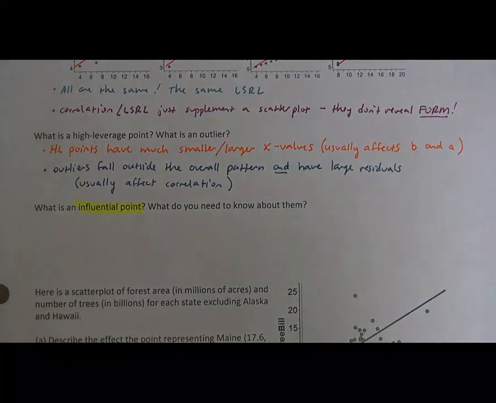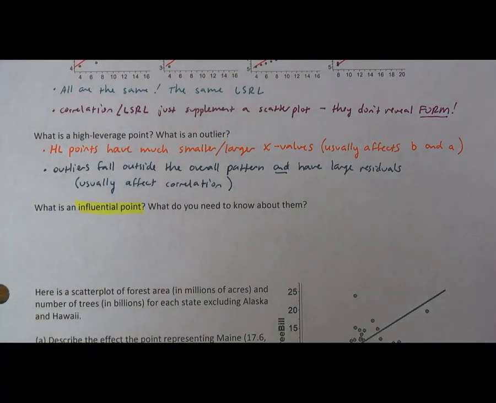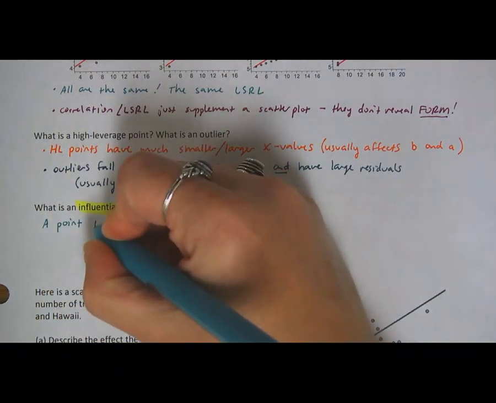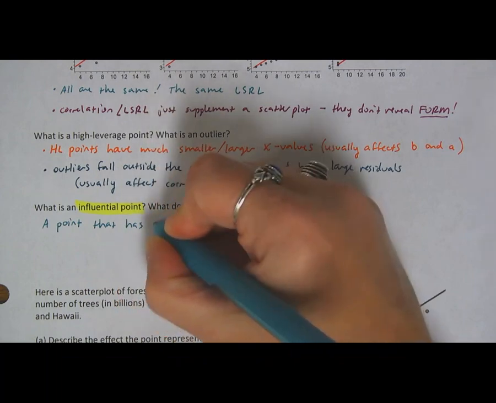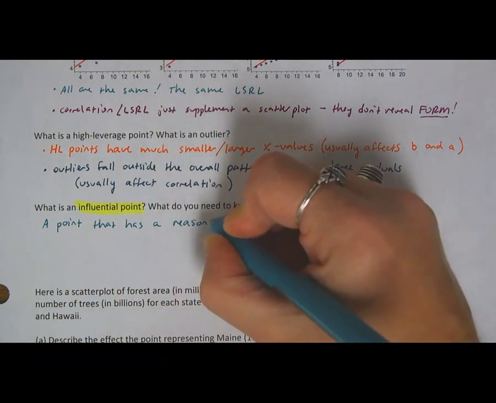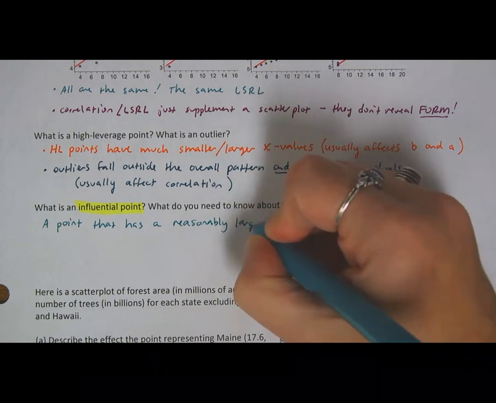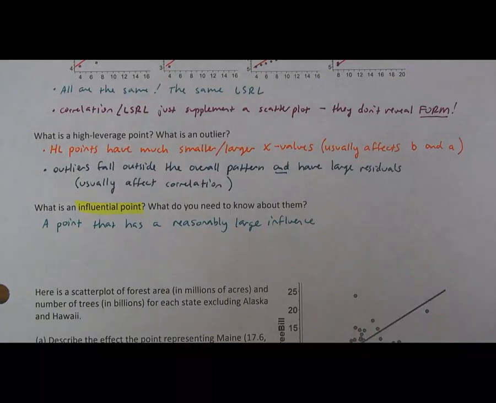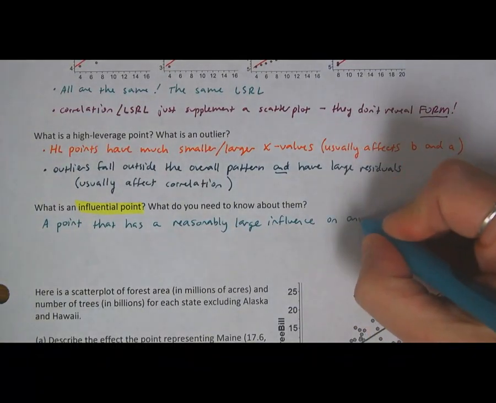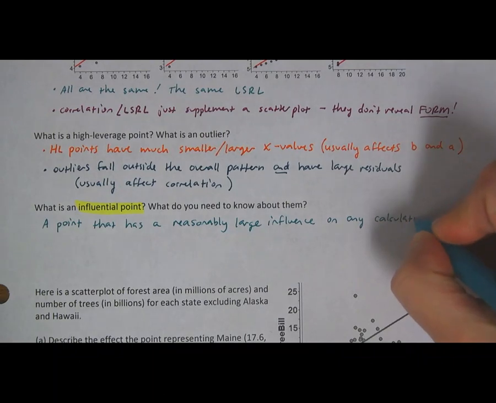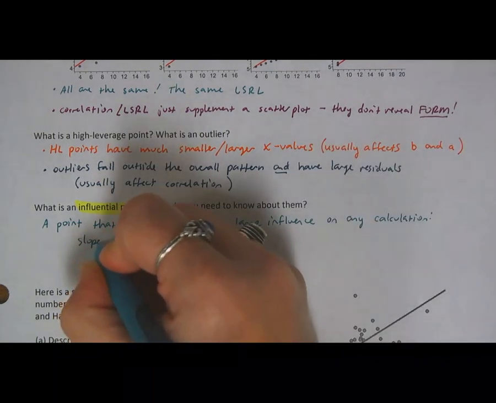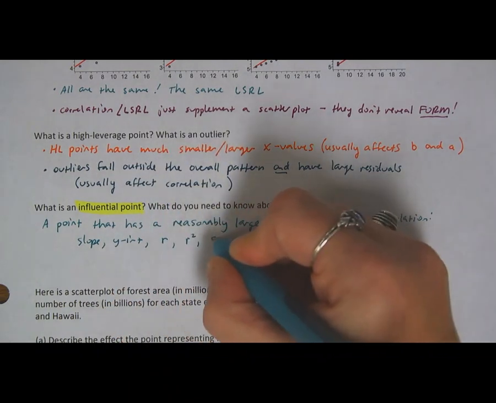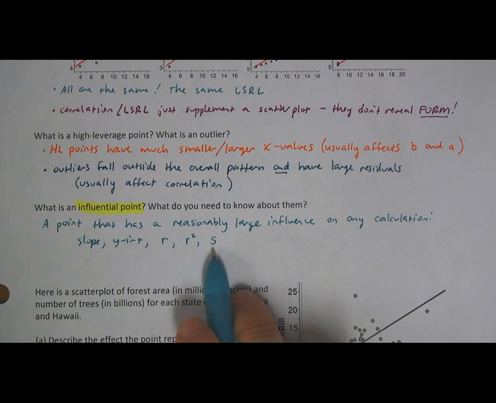An influential point is any point that has a reasonably large influence on any calculation like slope, y-intercept, r, r squared, and even s from the last lesson.